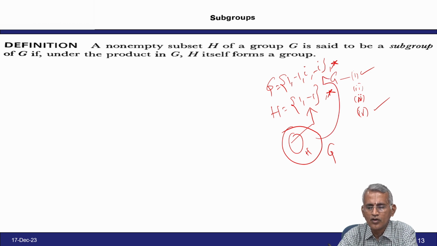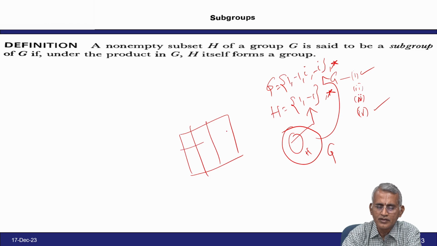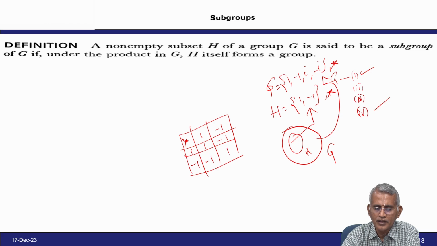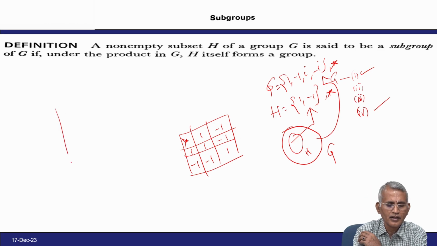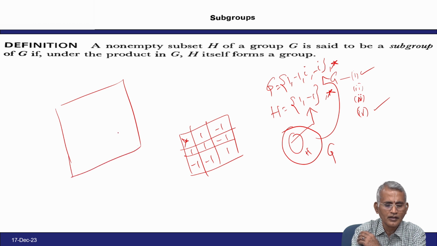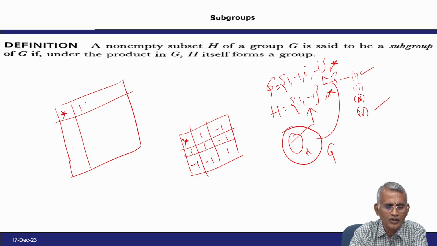So, check whether it satisfies the first property and fourth property. If you have the star operation on 1 and minus 1, 1 into 1 is 1, and minus 1 and then plus 1; you see existence of identity, inverse, and closure property are all there. Similarly, it holds good for the Cayley table of the quaternion 4 group {1, minus 1, i, minus i}.